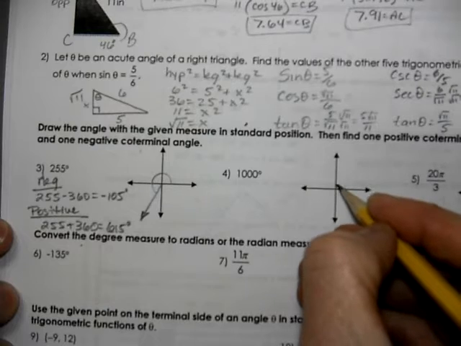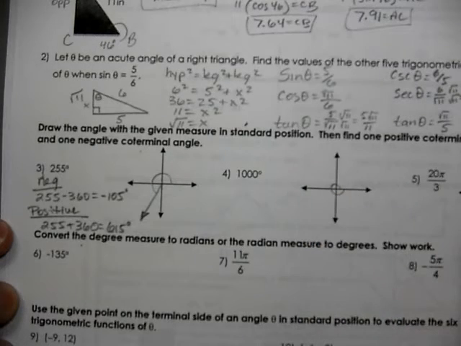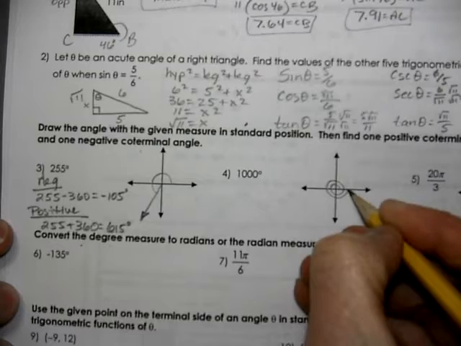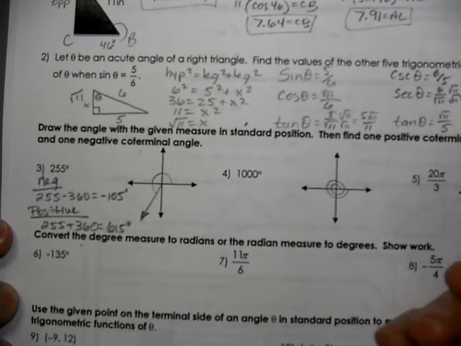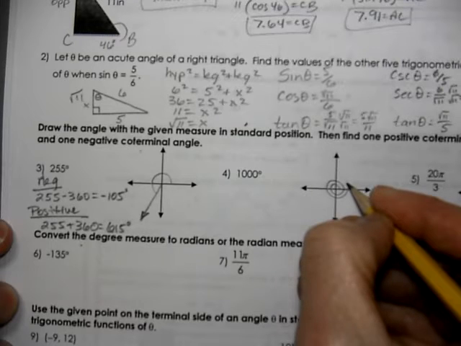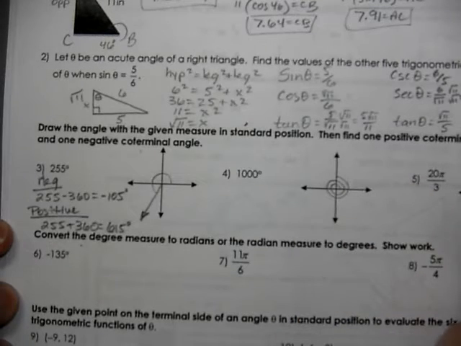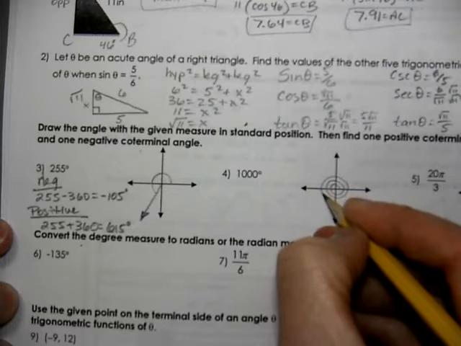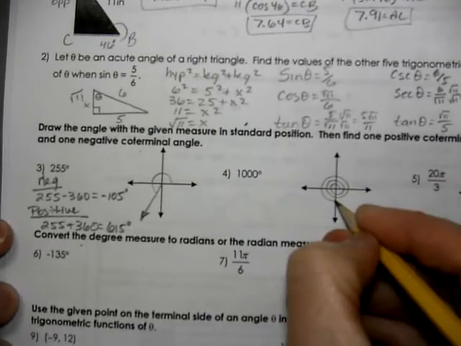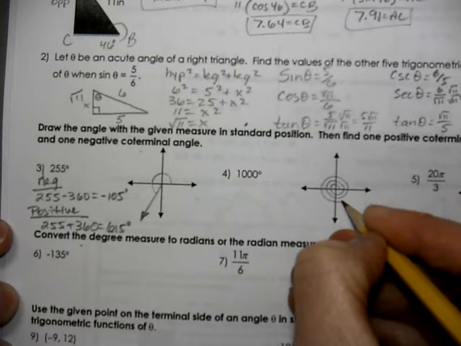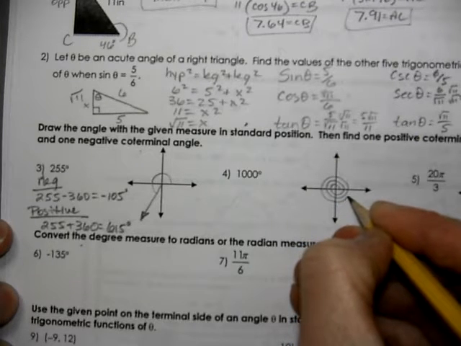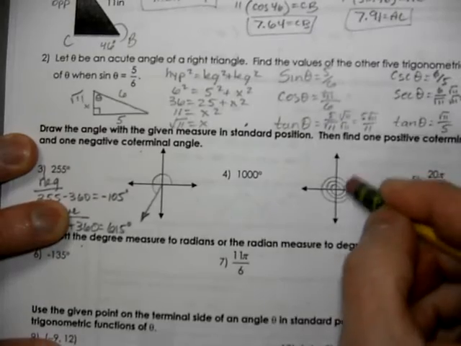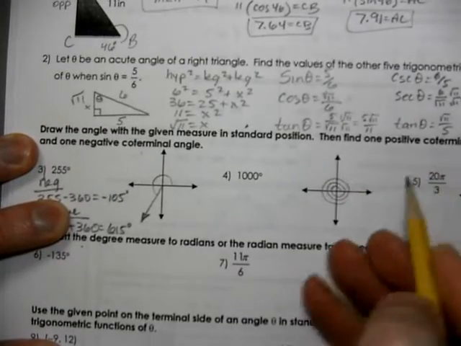1,000. Well, it's 360 degrees to go around once. 720 to go around twice. 810, 900 degrees, 990, and 10 more degrees.